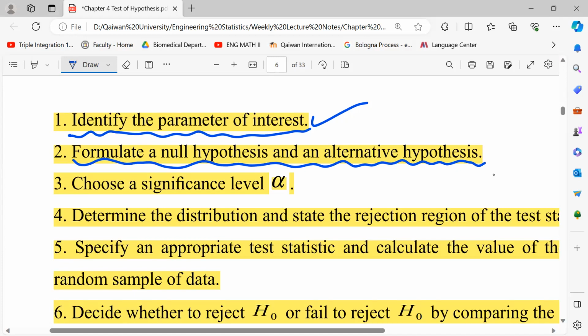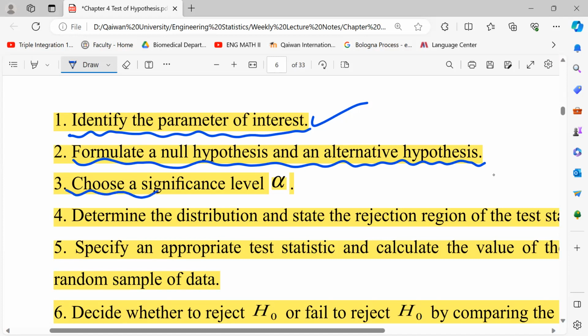Both should be obtained from the context. H0 is called the null hypothesis. H1 is called the alternative hypothesis. If H0 is not true, H1 is the alternative.